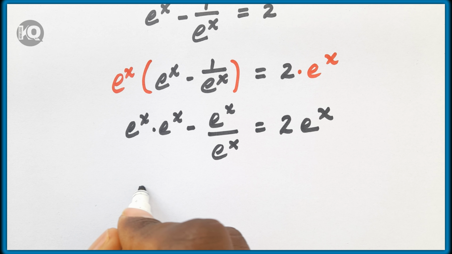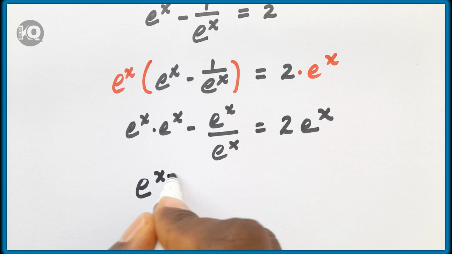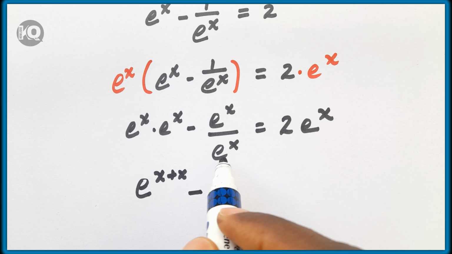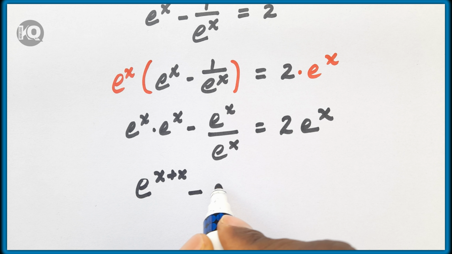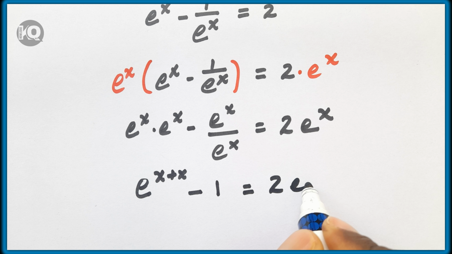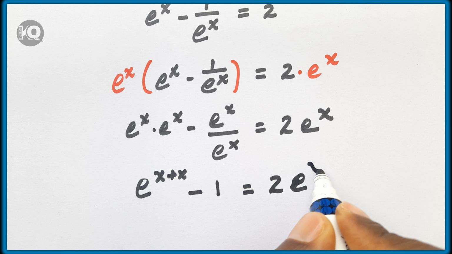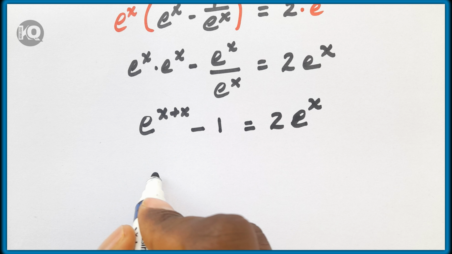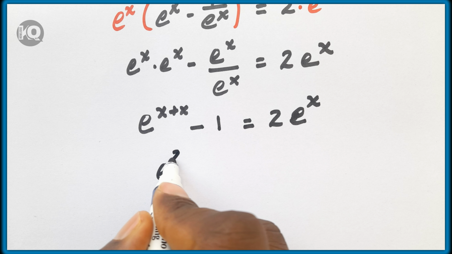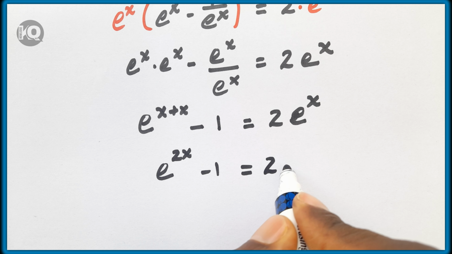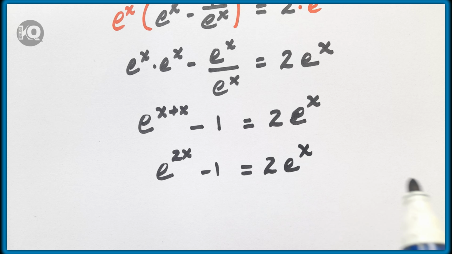So it will be e to the power of x plus x, minus 1, which is equal to 2 times e to the power of x.